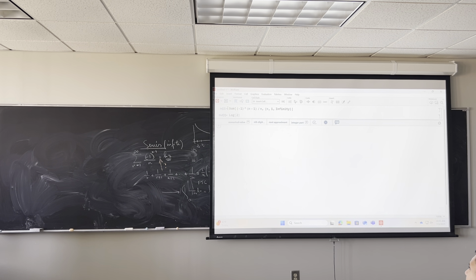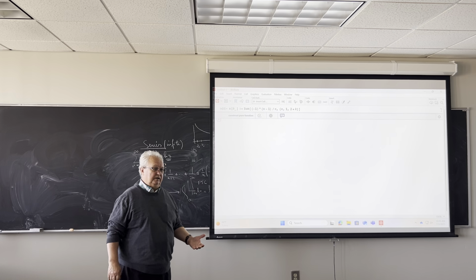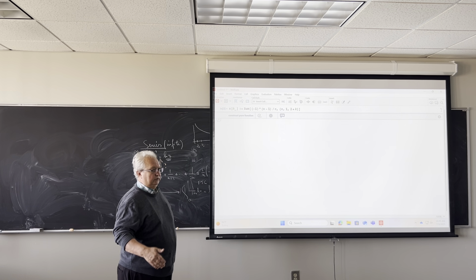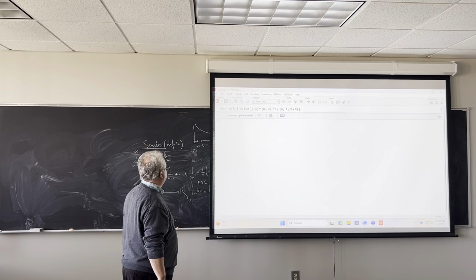So let's introduce the partial sums. Instead of summing from 1 to infinity, let's sum from 1 all the way to, let's say, 2 times k. And I'm going to call this function s sub k. So s sub k is the partial sums, but we go all the way to some fixed number, which is 2k.